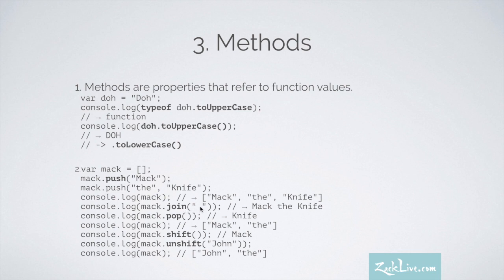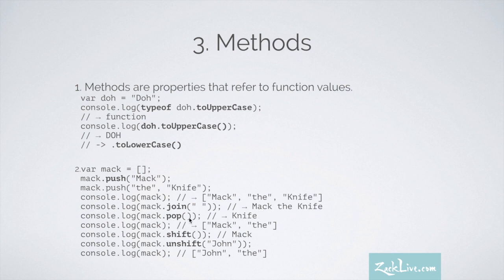So we pass a space as an argument to join, and the method will use that space as the separator, so that there is a space between each element.